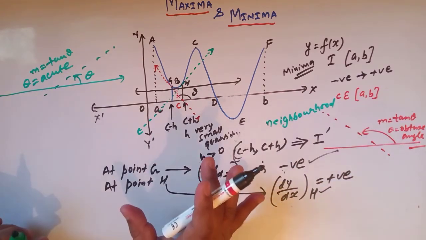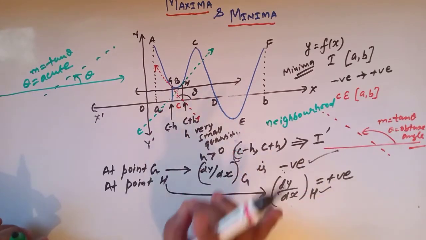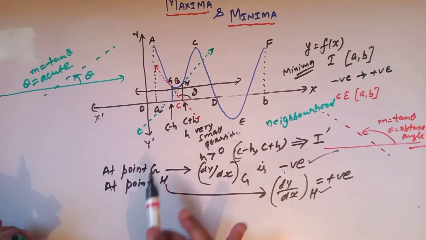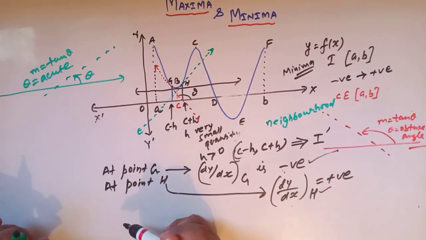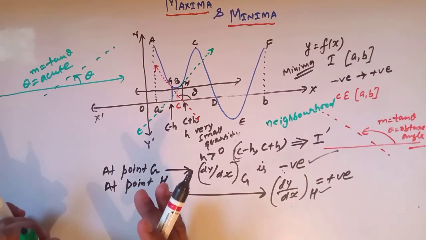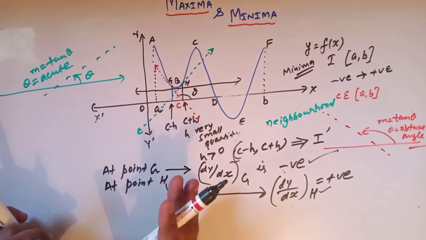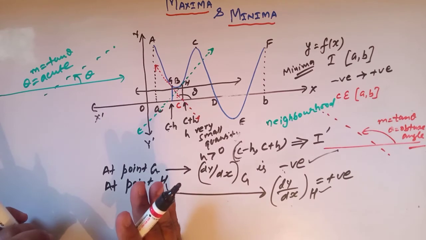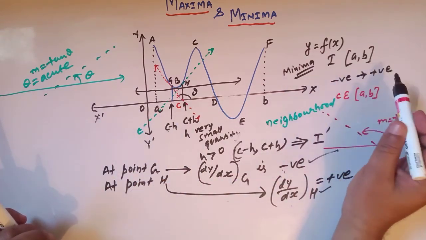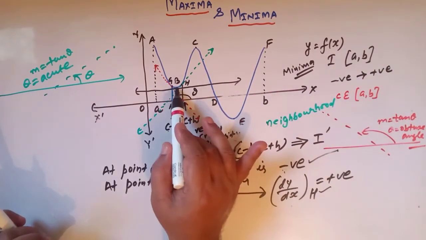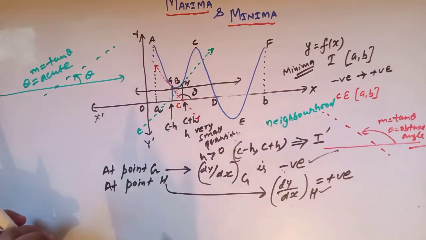So what we have seen here, when point B is a point of minima, then the derivative changes sign from negative to positive. And as a rule we can say, or as a theorem we can say, that whenever the derivative changes sign from negative to positive, the turning point is known as a point of minima. Clear?